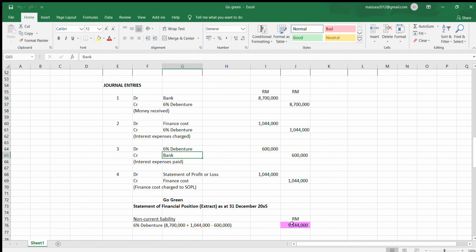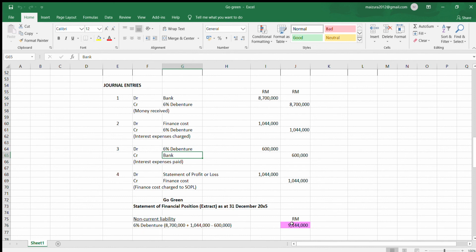Now for this question, they only gave you the information at the beginning of the period in terms of the debenture only, so there is no other bank account or related accounts. In the preparation of the statement of financial position, we only do the non-current liability, which is the 6% debenture.